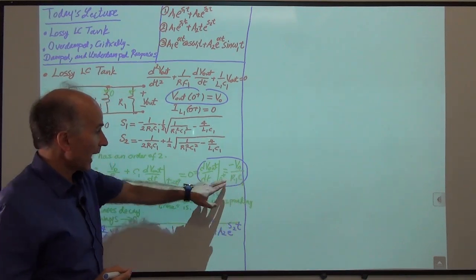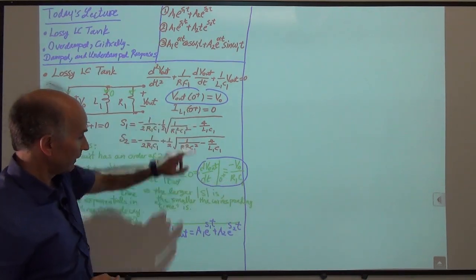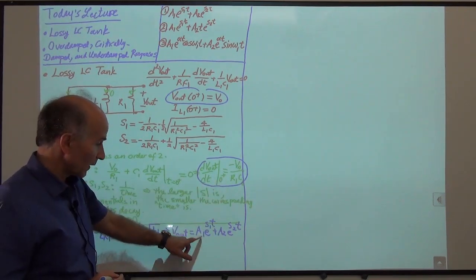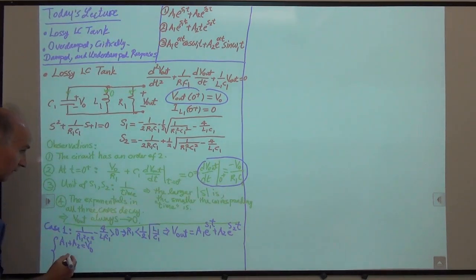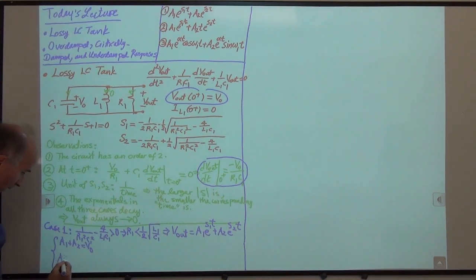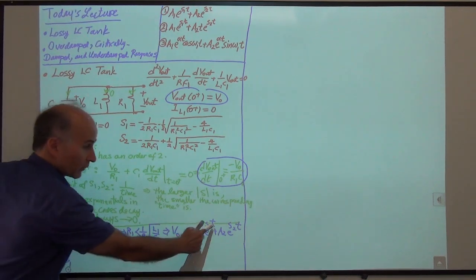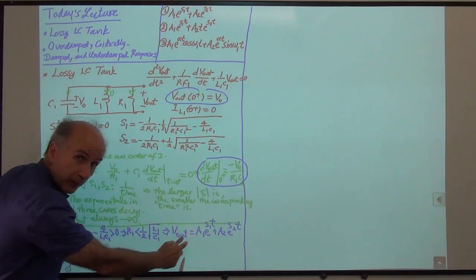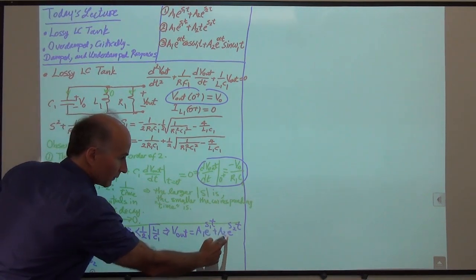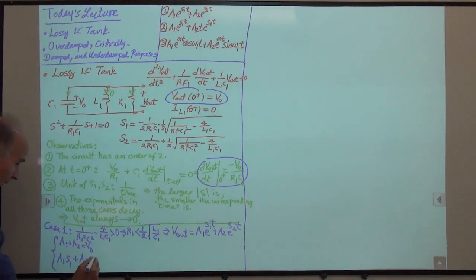So we say at 0 plus, the derivative of the output voltage has to satisfy this equation. What's the derivative of this? So let's write it out. We have A1S1, the exponential is equal to 1 at 0 plus, so that goes away, plus A2S2, the exponential is 1 at time 0 plus.